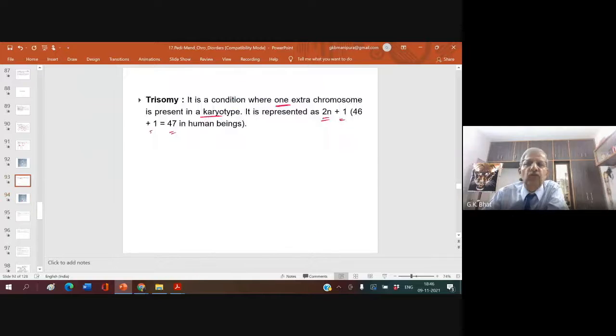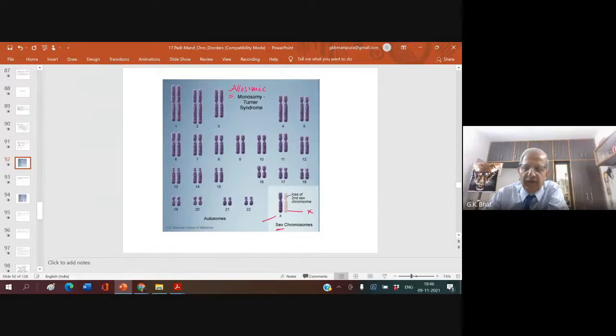The former one is called Turner syndrome. I will tell about Turner syndrome and Down syndrome later. So I hope you have understood the concept. Monosomy means some chromosome, instead of two copies, is present in one copy. Soma means body.